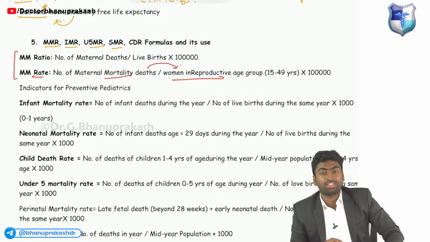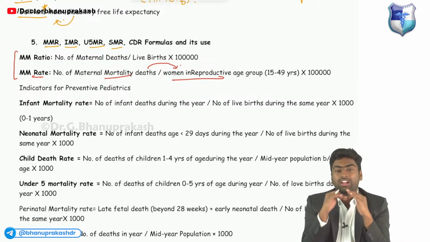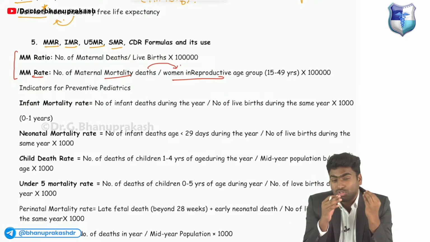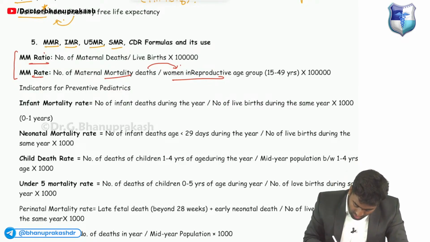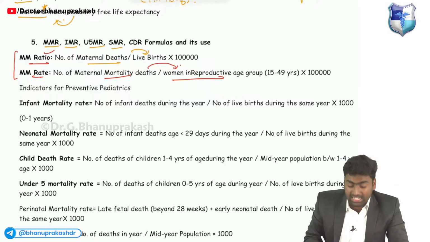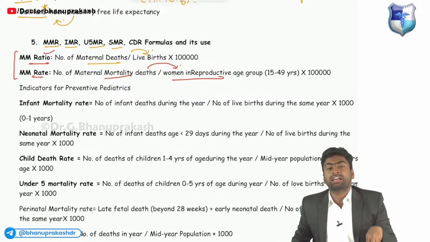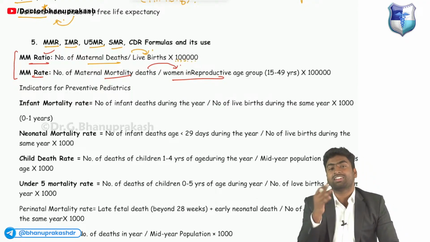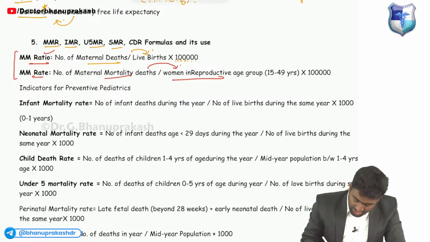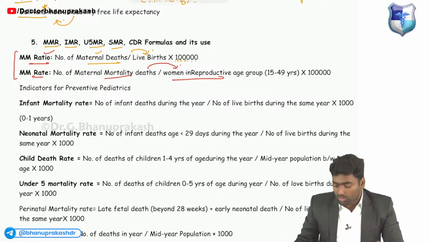So in the case of maternal mortality ratio, it is the number of maternal deaths per live births, into a constant of 1 lakh. So it is the number of maternal deaths per live births per 1 lakh.